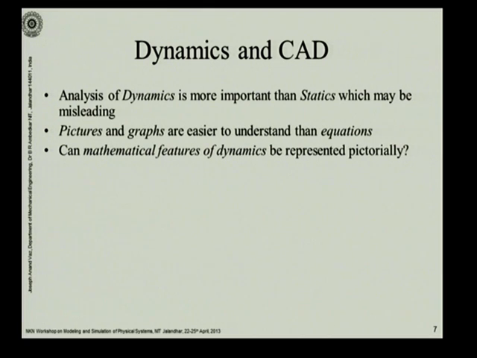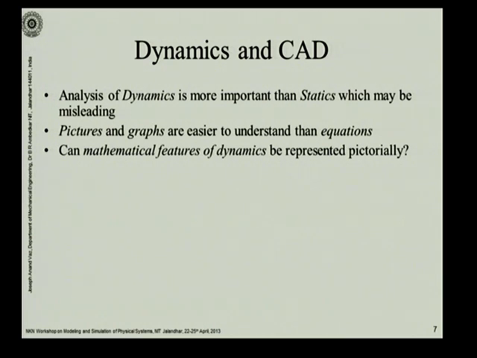The question is, can mathematical features of dynamics be represented pictorially in the form of pictures? Naturally, because the moment we started with physical systems with models, then we spoke of ordinary differential equations, constraints and all that, one thinks that perhaps we are heading towards mathematics, and perhaps it may be too complicated and it may not be interesting.